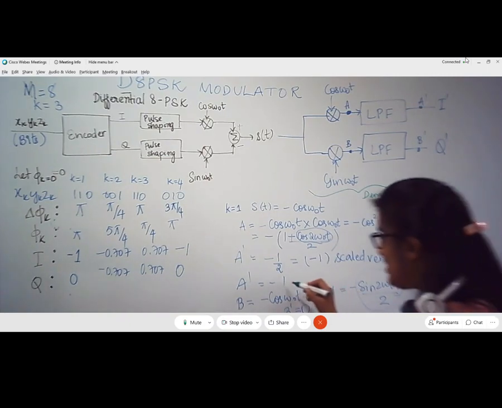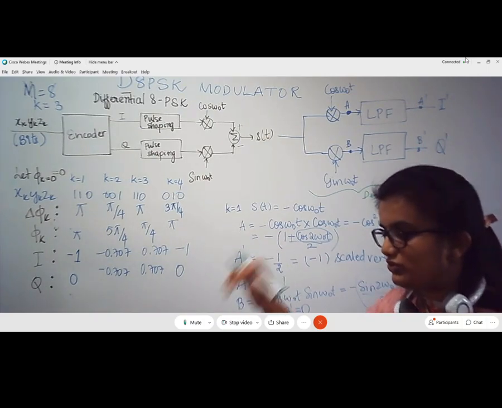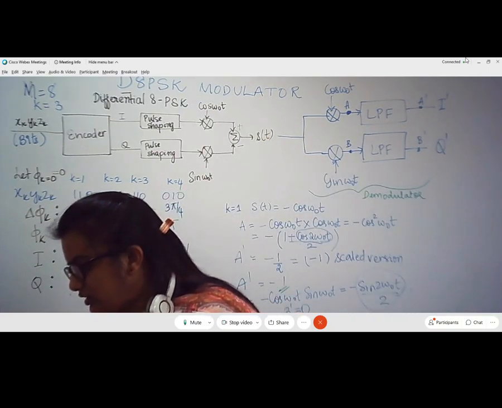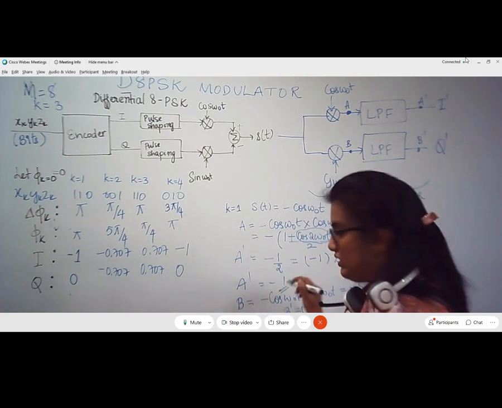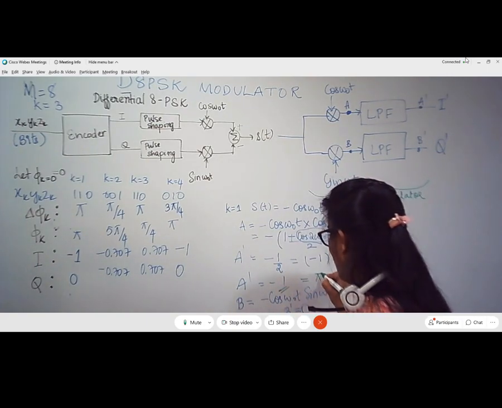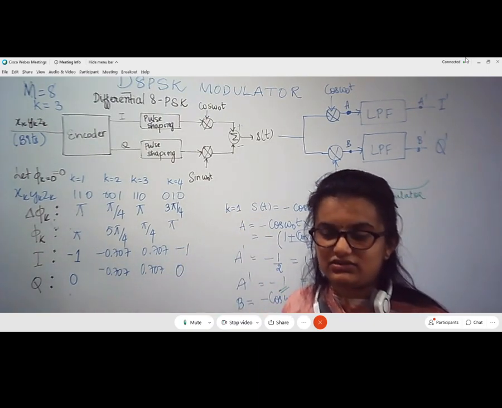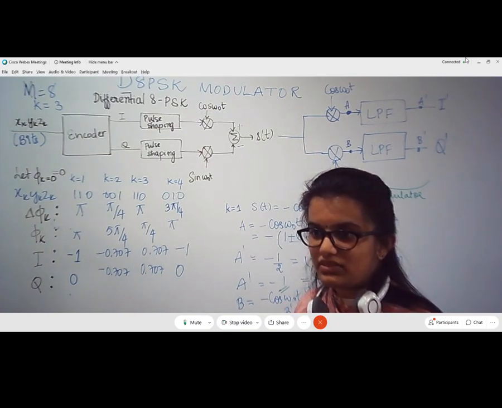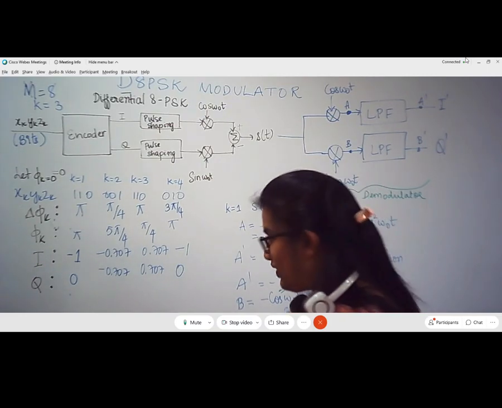So, when you compare minus 1 with respect to your table, come back to the table. In the table, minus 1 corresponds to, I know, phase pi. So, corresponding to delta phi equal to pi, what was the bit stream that was assigned? Can you tell me that? Guys, tell me. 110, ma'am.